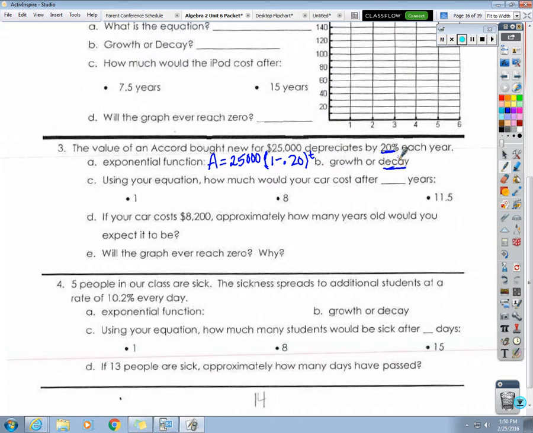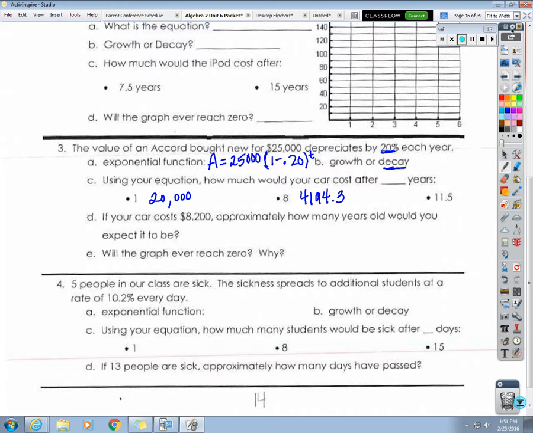Now we're going to use this original equation that we created to determine the cost of the car after 1 year, 8 years, and 11.5 years. Okay, so plug in 1 for t and tell me how much the car would be worth. 20,000. Now plug in 8 and tell me how much the car would be worth. 194.3.